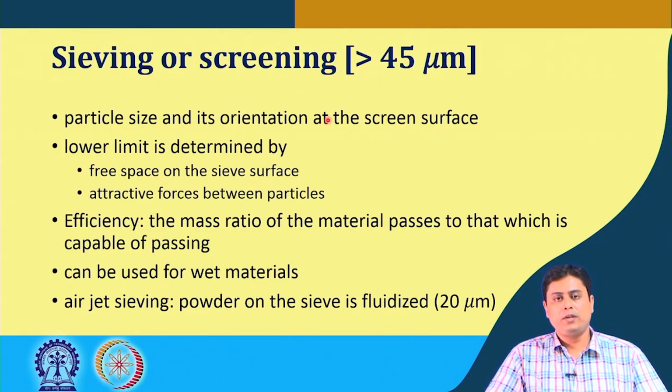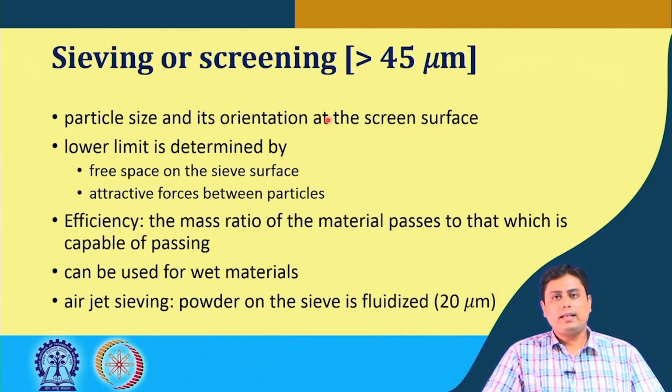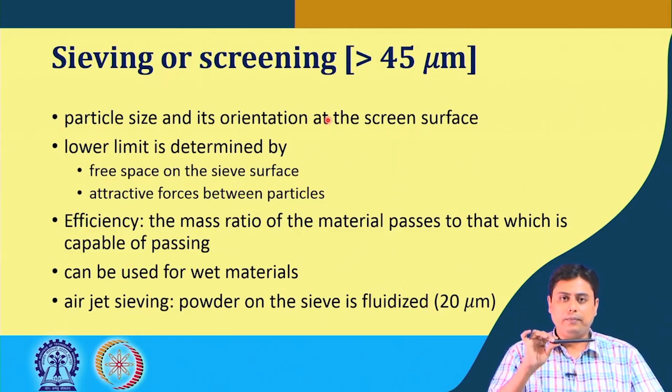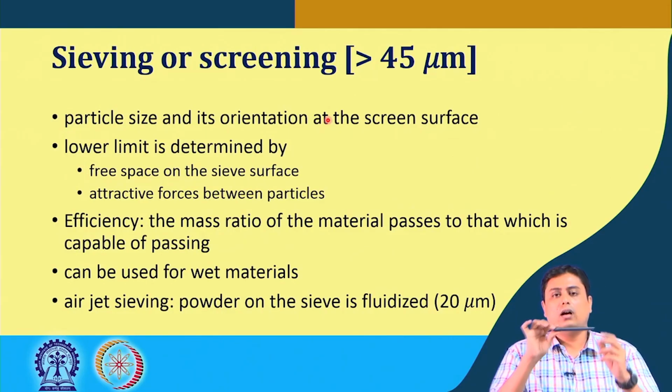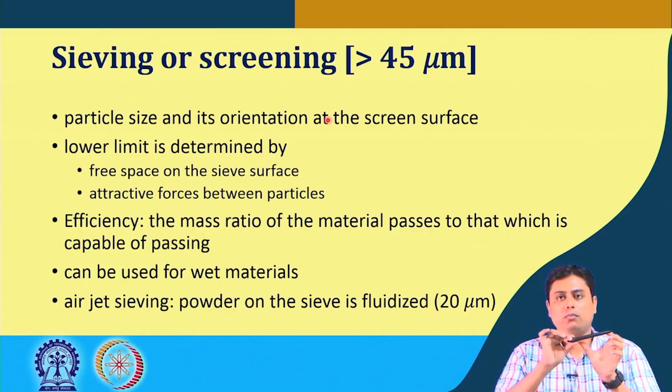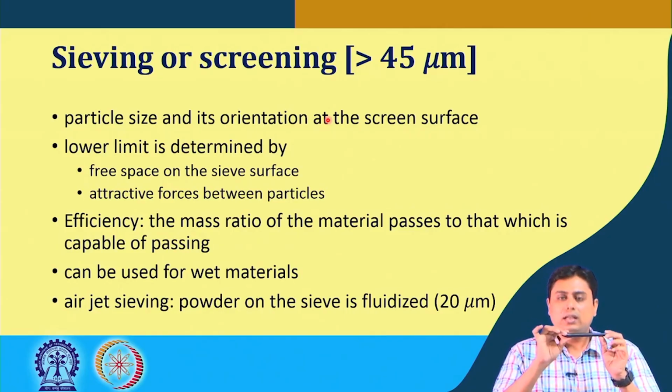Let us take the example of this pen. If it falls like this on a screen which has a linear aperture dimension smaller than this, it will be retained on the screen, but if it falls in this direction, vertically, it can easily pass through the aperture.